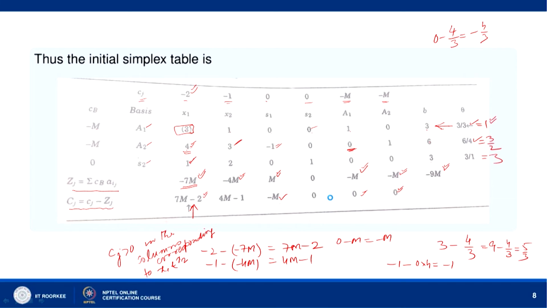So, what will happen is that x1 is the incoming variable and A1 is the outgoing variable.